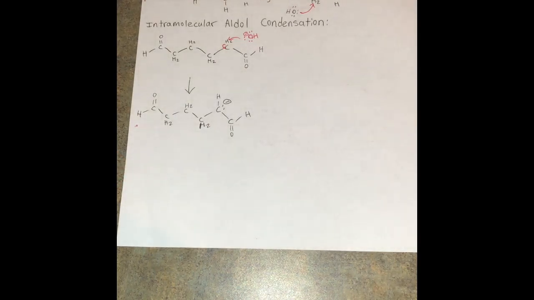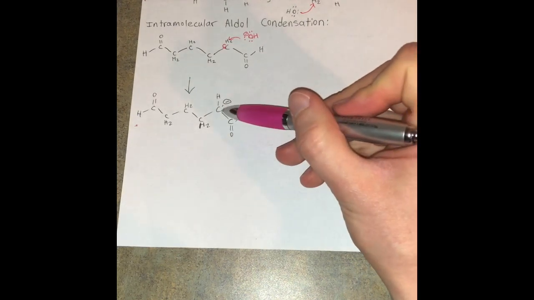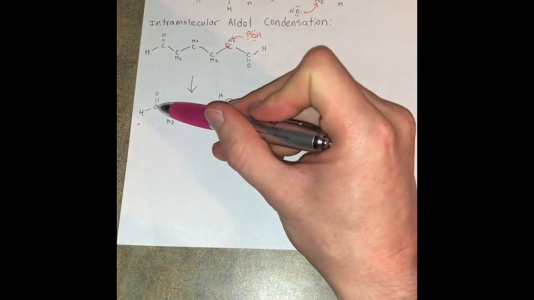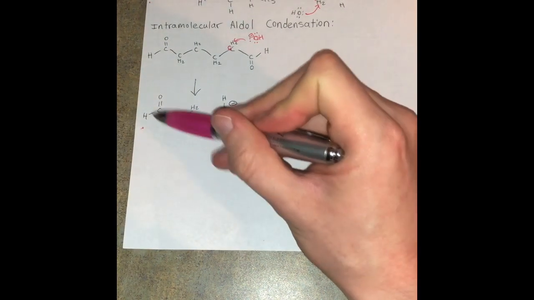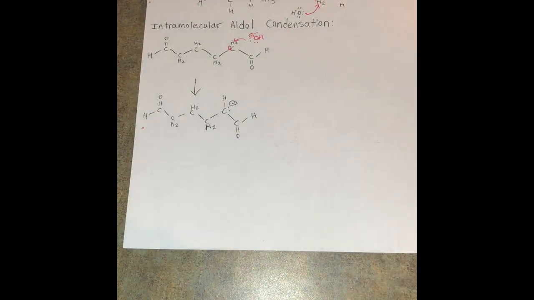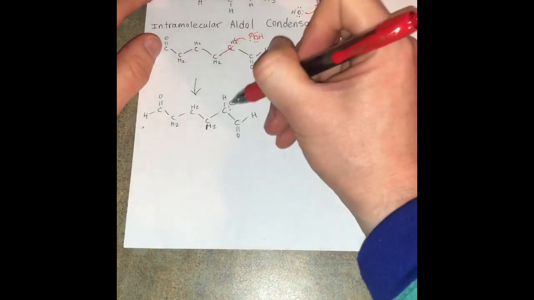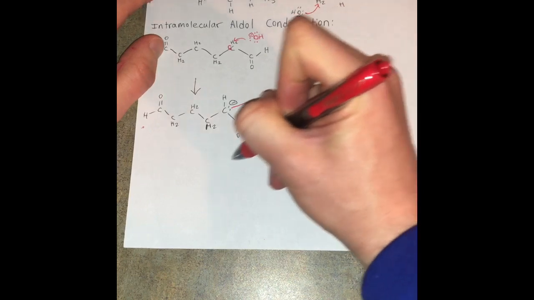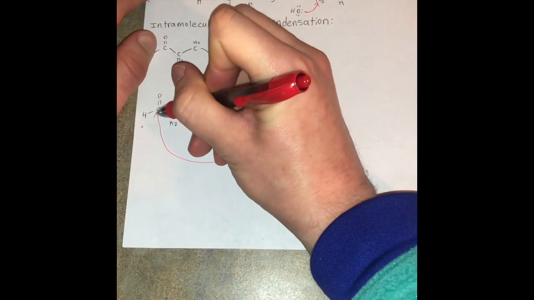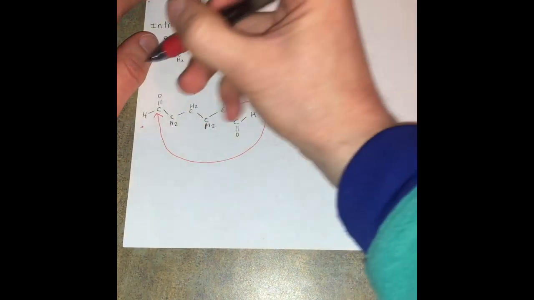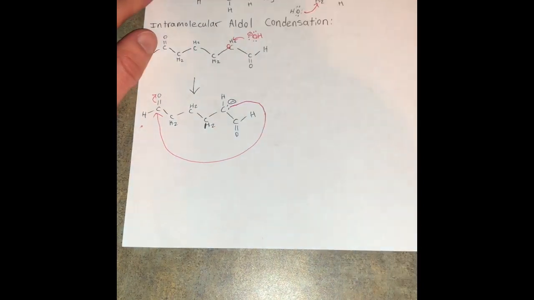Okay, now this is the point where we have the ring forming step. So we see that this carbon is far enough away from this carbonyl that these electrons can attack and make a ring. So that is exactly what's going to happen. So we take this lone pair, goes all the way around, attacks this carbonyl, pushes electrons up.